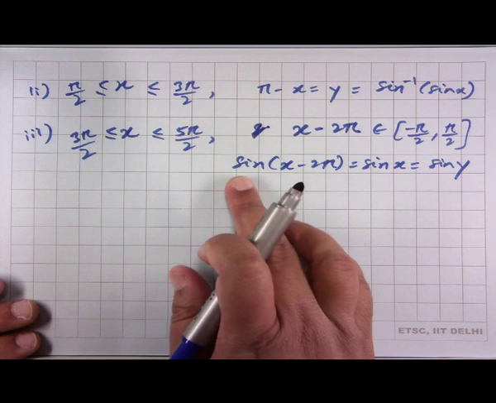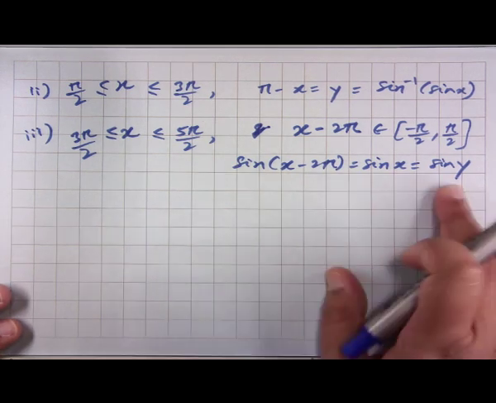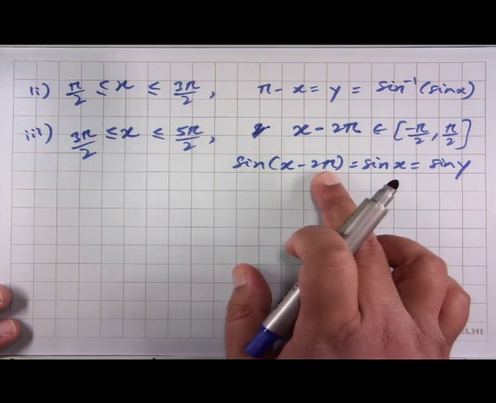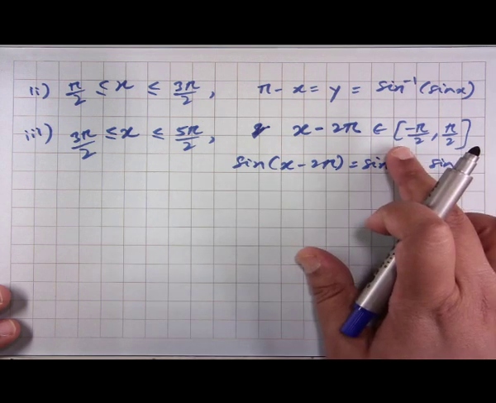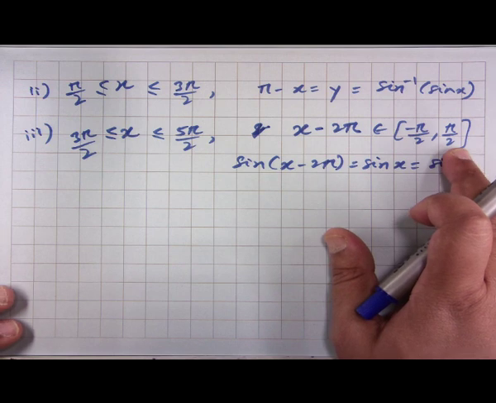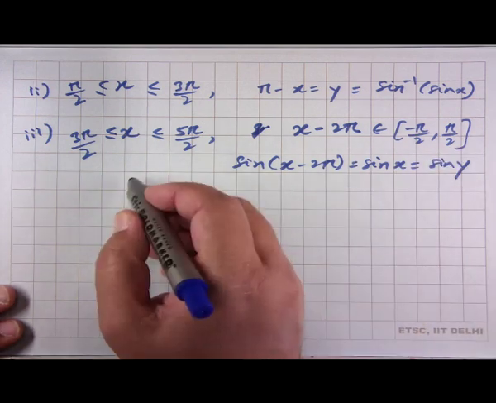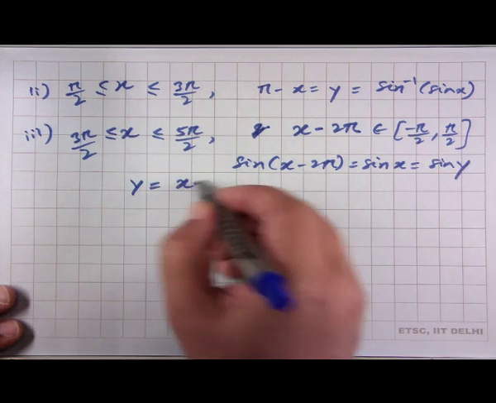So here we have that sine of x minus 2 pi is sine y, and both x minus 2 pi and y belong to the range set of sine inverse, which is minus pi by 2 to plus pi by 2, and therefore it must be true that y is equal to x minus 2 pi.